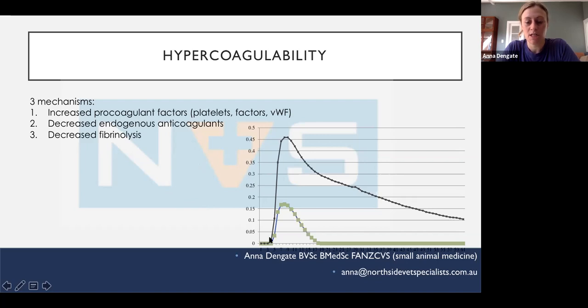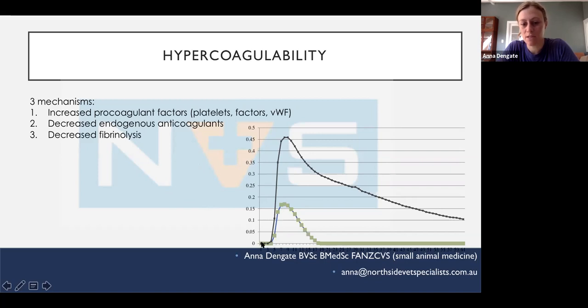So this picture here, again, I like to see things just pictorially. This is a dog with Cushing's. The blue line with green dots is a normal dog. At that 5-minute mark, we hit the propagation phase and we get really significant clot formation. The amplitude of the clot, the density of the clot, got up to 0.17 here.